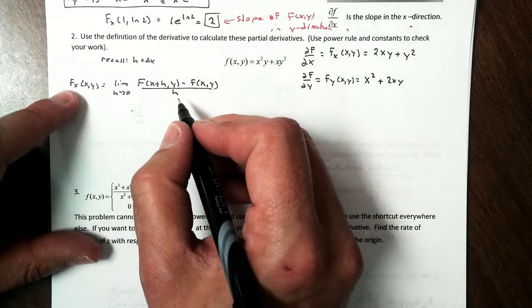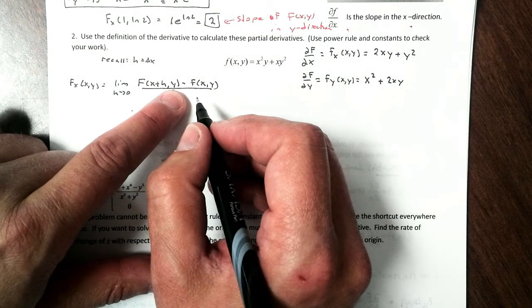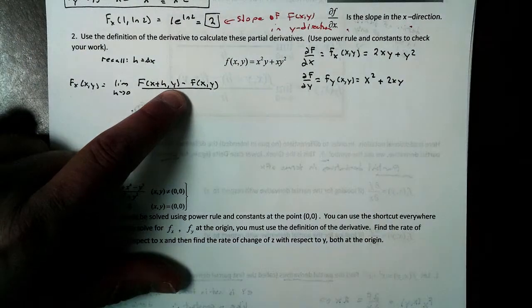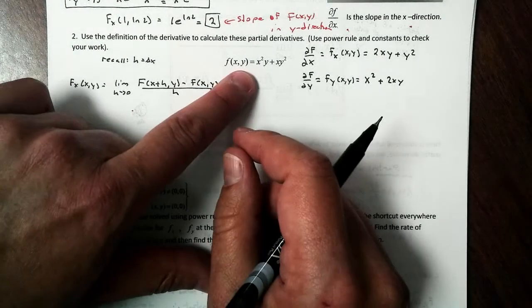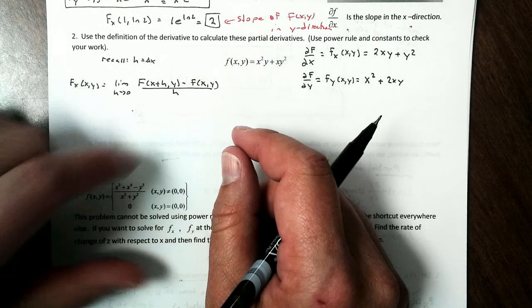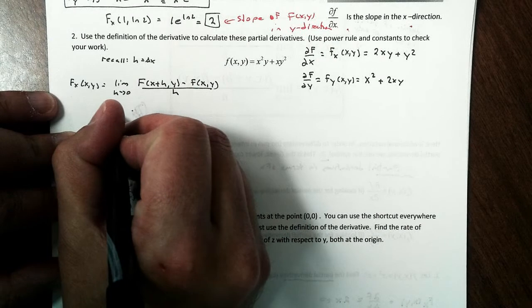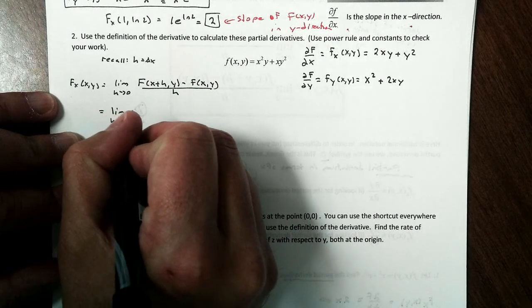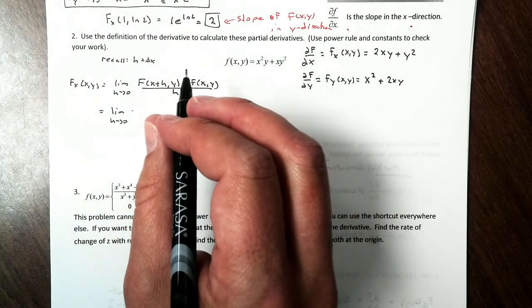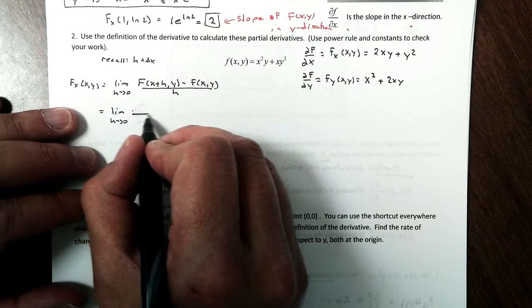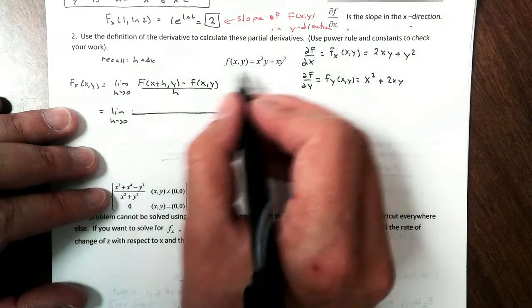So notice we're only messing with the x. The y stays the same, like it's a constant. So when I plug in, I'm only plugging in the x plus h for my x's. So when we set this up, we get the limit as h goes to 0, and let's plug this in.